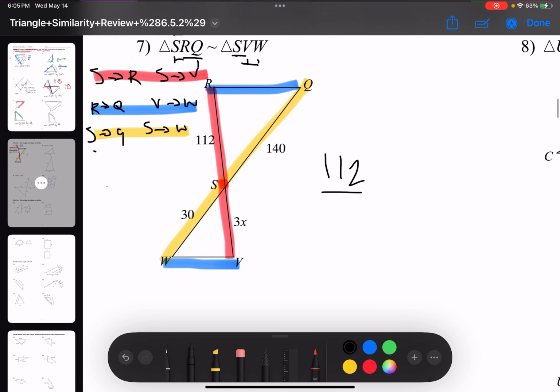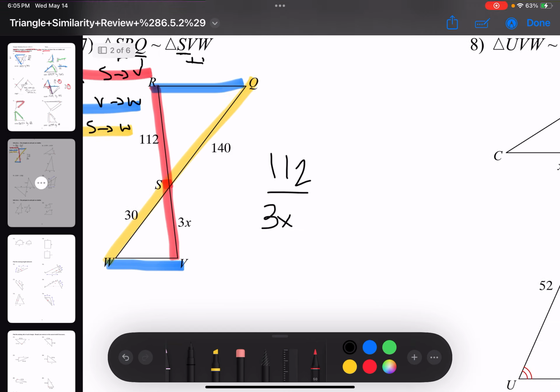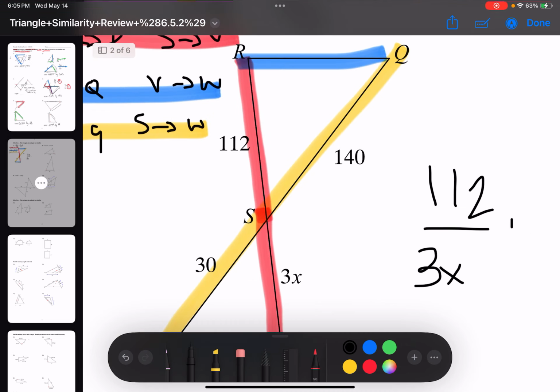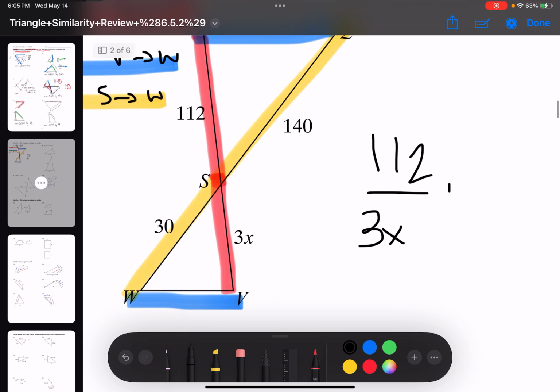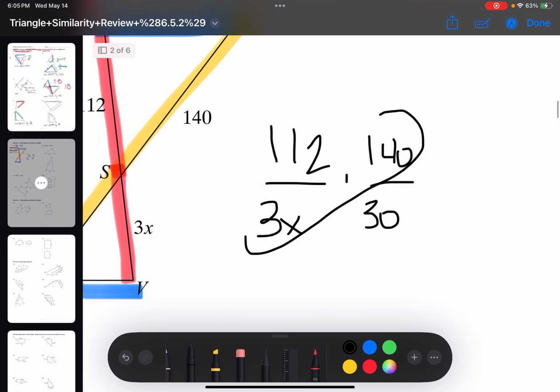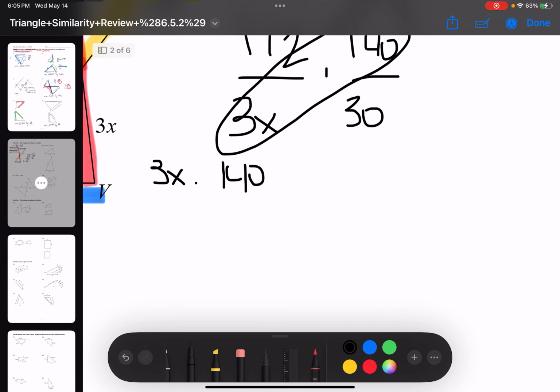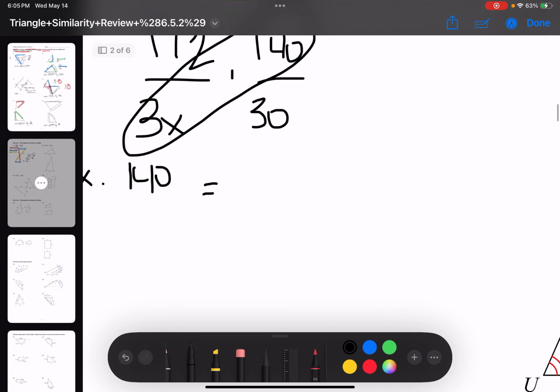Okay, let's go. So we're gonna do the red numbers first. 112 over the 3x, because big numbers over little numbers. Well, the red and the yellow are the only sides, but whatever. Let's do our little multiplication. 3x times 140 is equal to 420x.